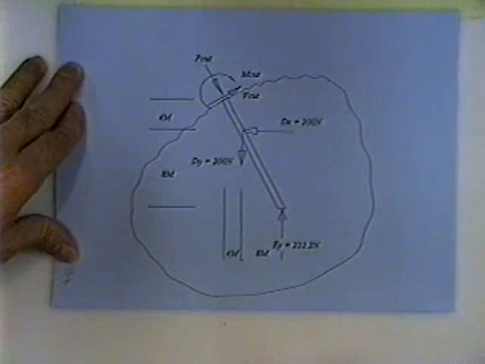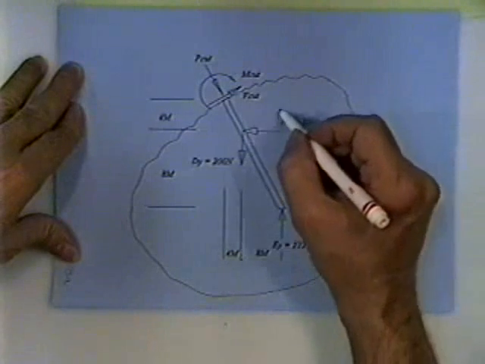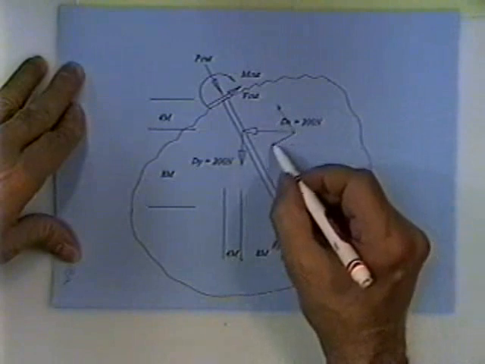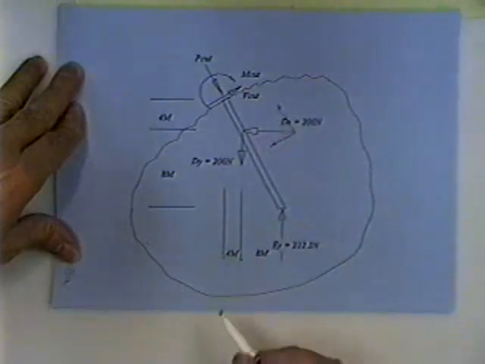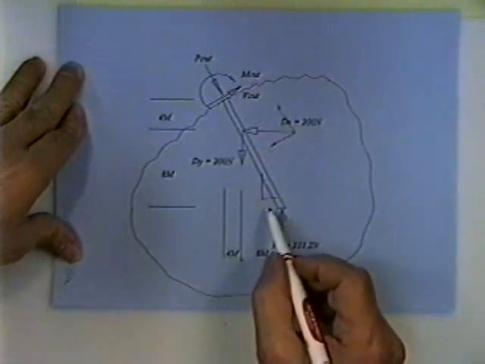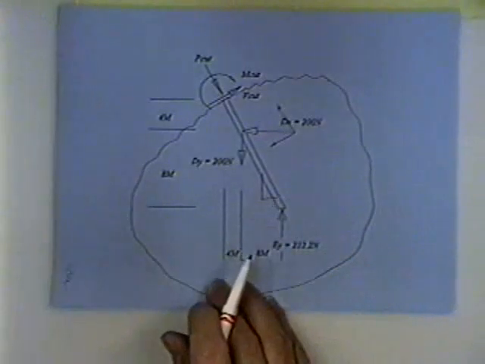Here's how you'd solve for the forces inside the structure. You would simply break Dx up into its components. It'll have a component transverse and parallel to the member. You know this angle right here. It's a 45 degree angle.